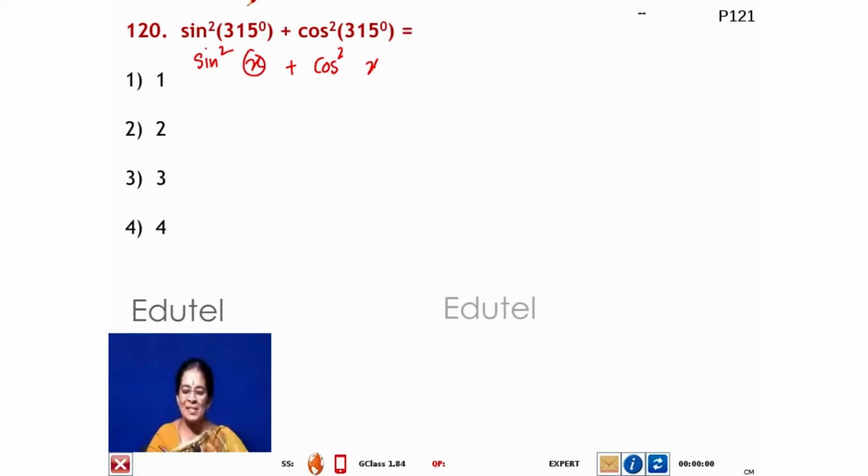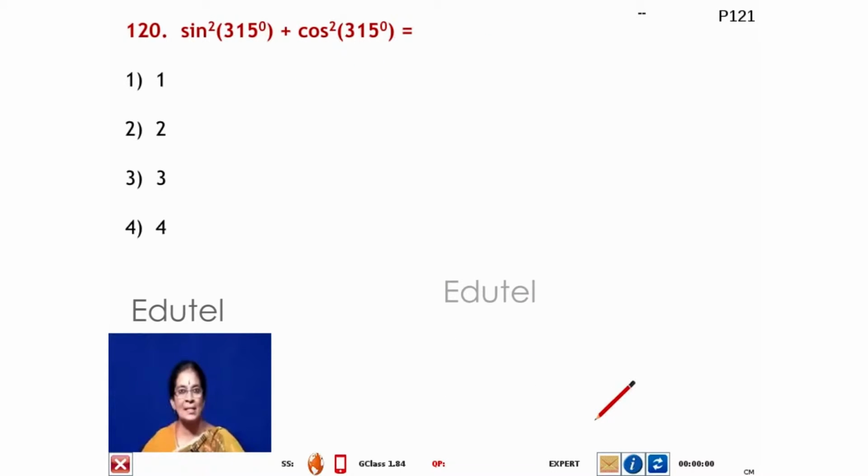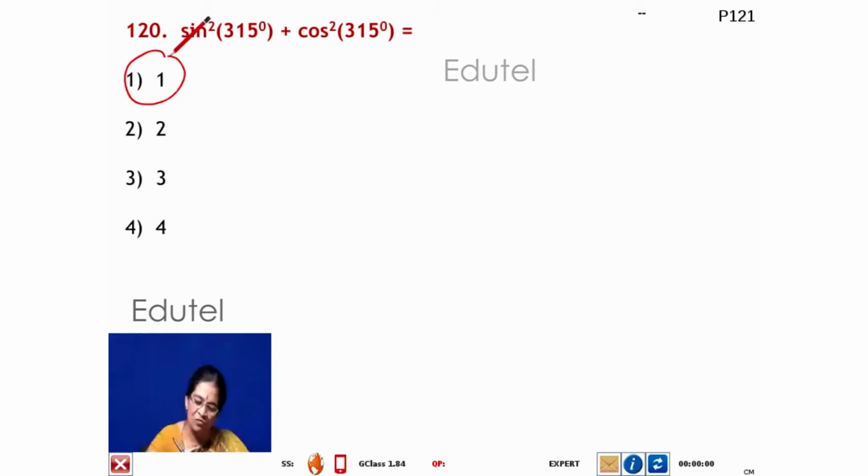Only thing is in place of x there is 315 degrees. So you can apply the same formula. Sine square x plus cos square x is 1. So sine square 315 degrees plus cos square 315 degrees is 1 again.